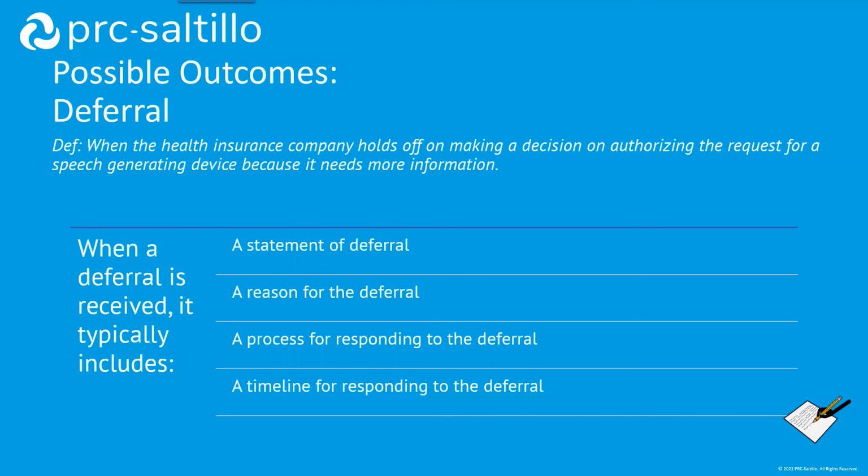They will give you what they're looking for. And you're going to get this information from the funding team: the deferral, the reason, the process for responding to the deferral, and usually a timeline. There is a timeline, and if we don't respond in that time, often it's 30 days, then they might switch it right away to a denial.